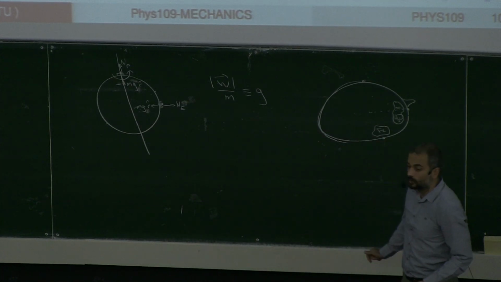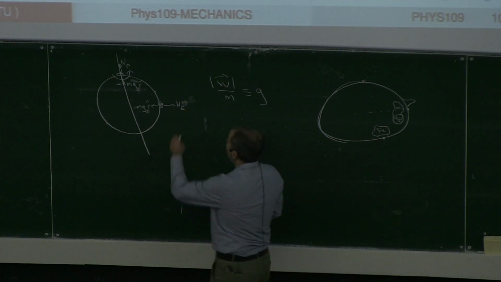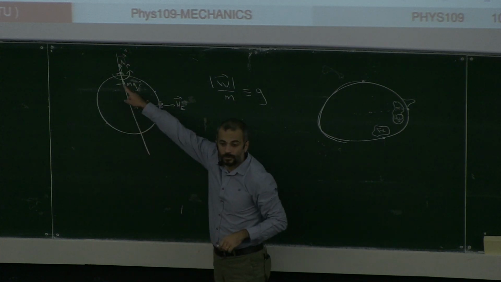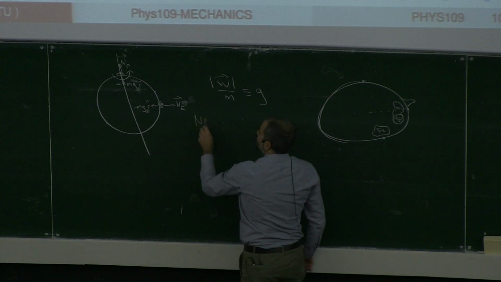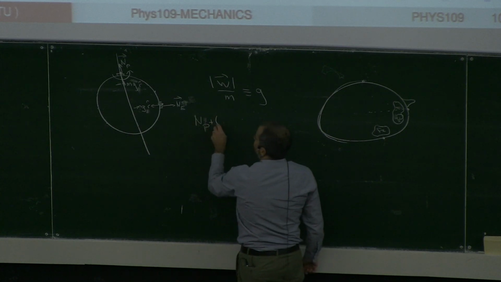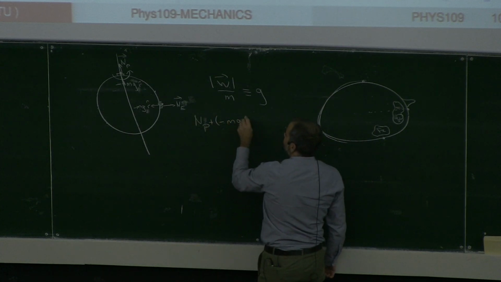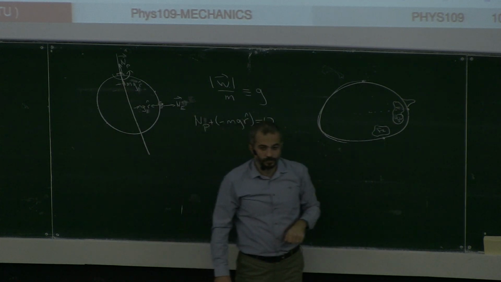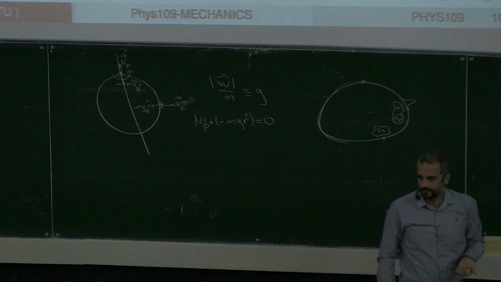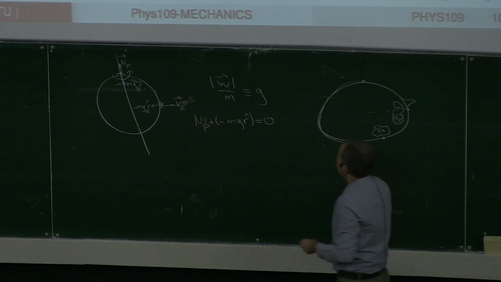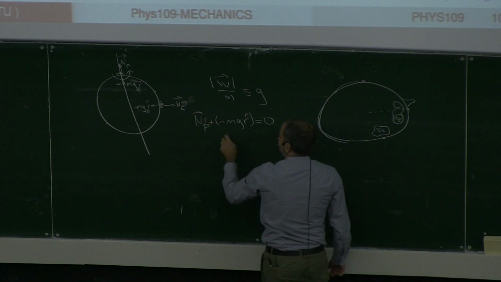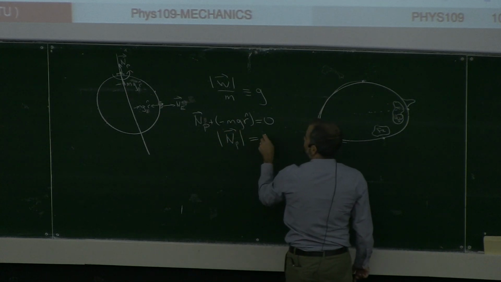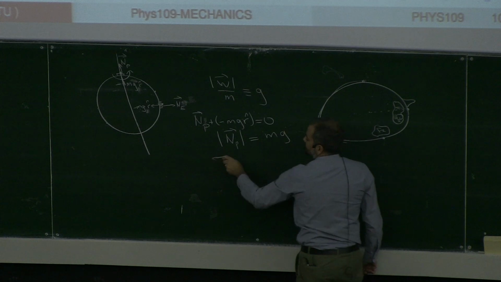But if you measure your weight, which will be nothing but the magnitude of these normal forces, on the pole, N_p plus minus mg r hat should be equal to 0, because that mass over there, that person over there, is not accelerating. So N_p, the magnitude, will be just mg.